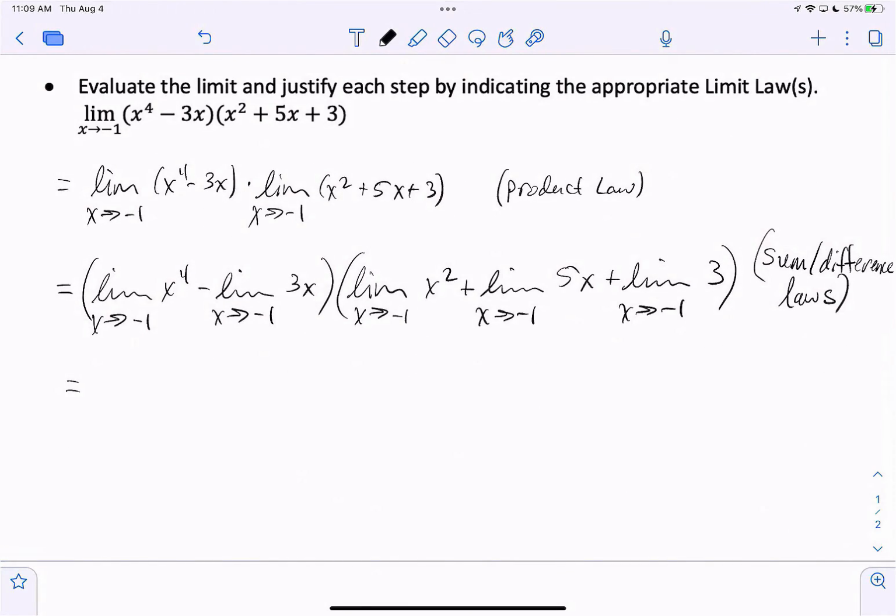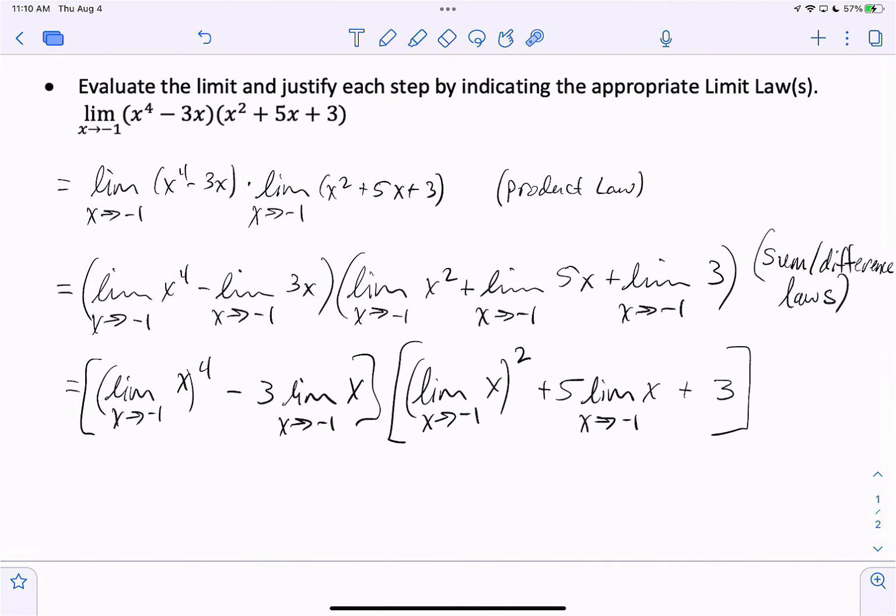What we should have is the limit as x approaches negative 1 of x, that thing to the fourth power, minus, now we're going to pull out a 3 here, 3 times the limit as x approaches negative 1 of x, and then all of that is the first term. Now I'll just write out the rest of these.